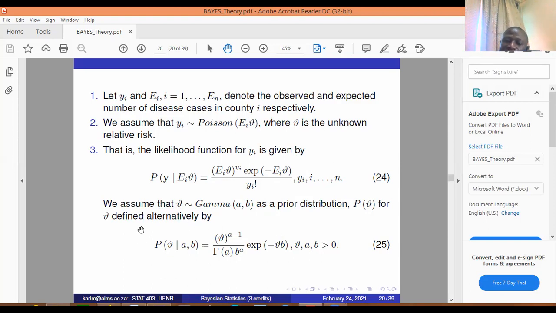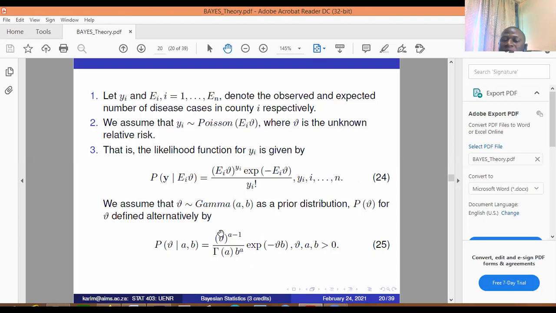So the gamma distribution for the parameter of interest, that is the risk of disease, given our alpha and beta, I just use A and B, is the risk to the power alpha minus 1, over gamma of alpha, and then B to the power alpha or A, and that is going to be exponent of minus B times the risk.